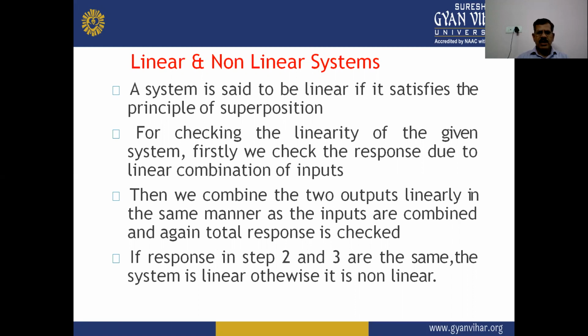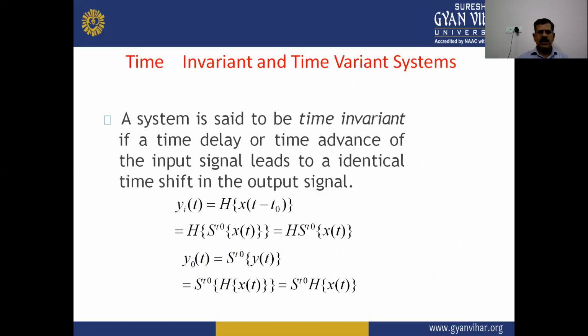Then we combine the two outputs linearly in the same manner as the inputs are combined, and again the total response is checked. If the responses in step 2 and 3 are the same, the system is linear, otherwise it is non-linear. So this is the linear and non-linear system concept.